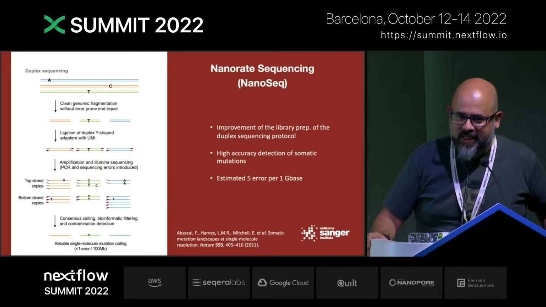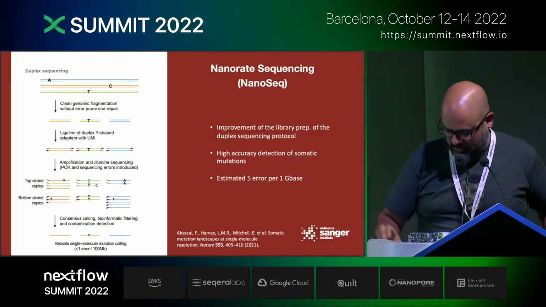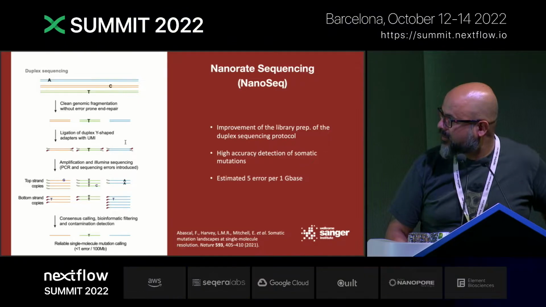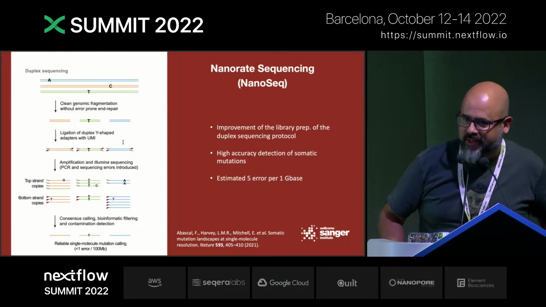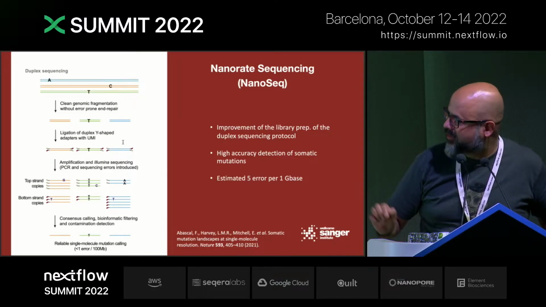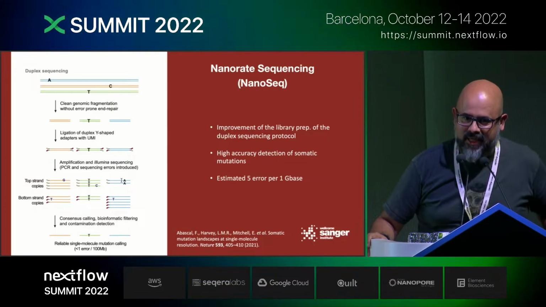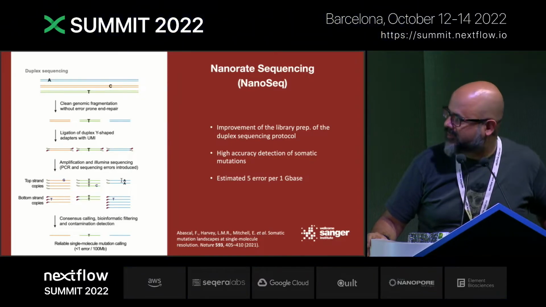It basically borrows from the idea of duplex sequencing, where during library preparation you attach unique molecular identifiers to each fragment on both ends. And then you PCR amplify and sequence.